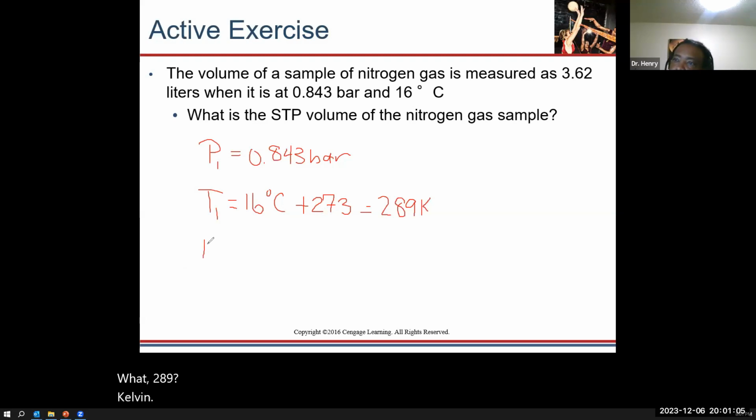And then we know that our T2 is going to be at STP. So what is that? Is it at 0 degrees Celsius plus 273?